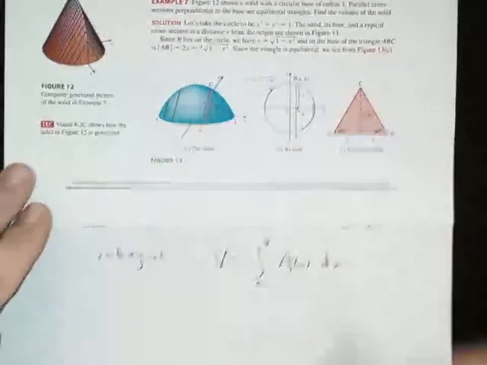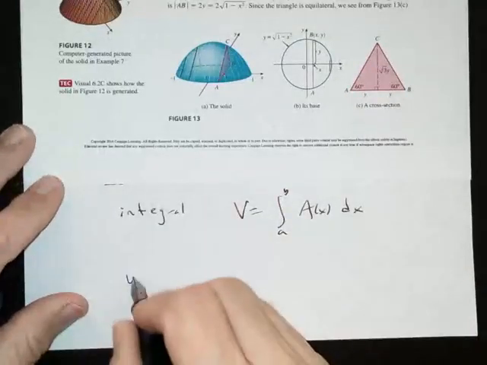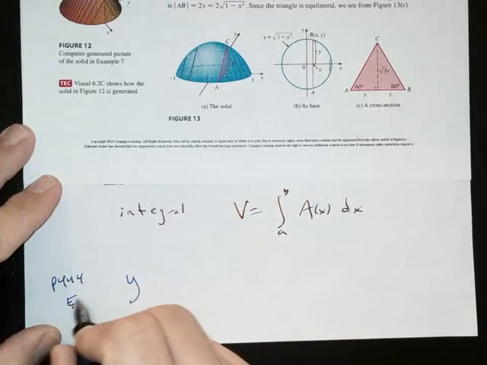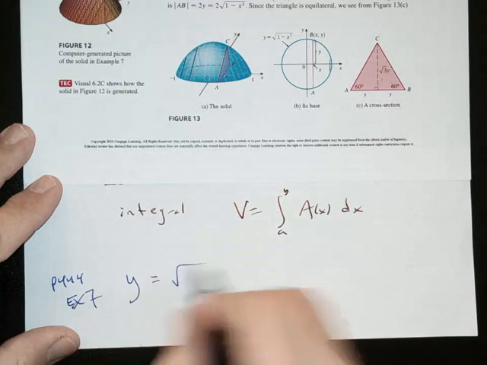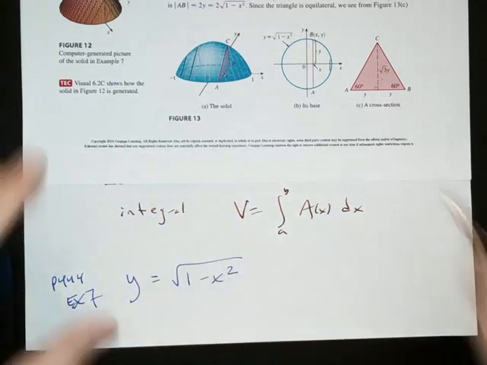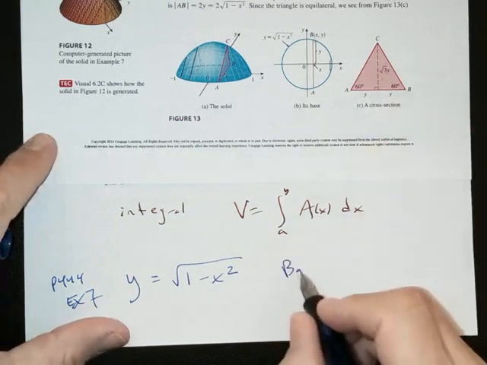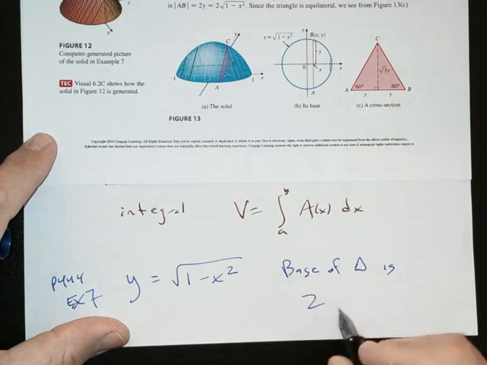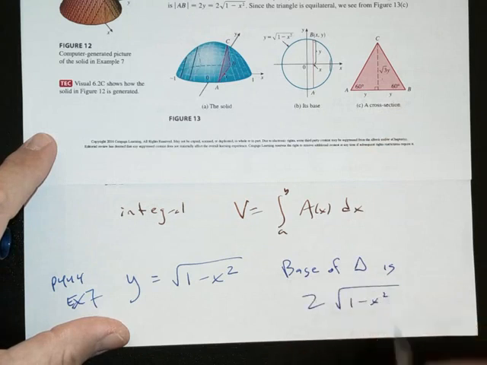I know the equation for this circle. So the base of my triangle is twice that.